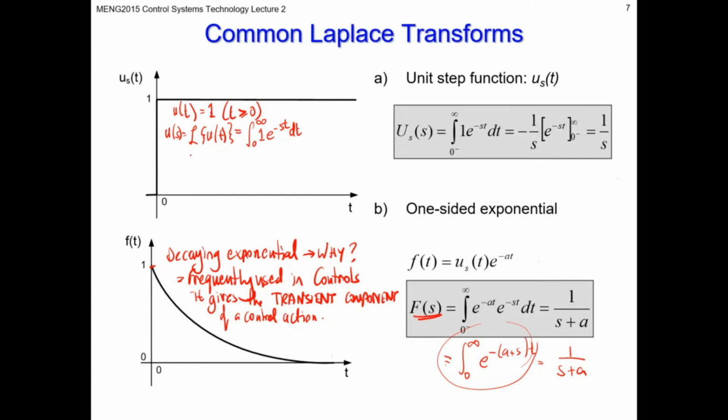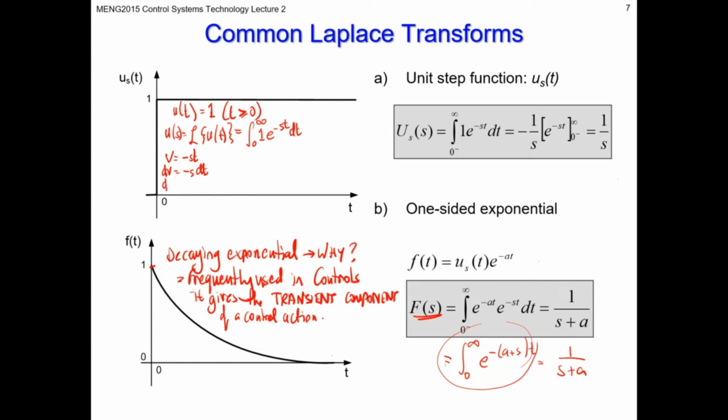Right, so now we're going to make a substitution and say u equals minus st. Actually, I shouldn't use u, let me use v, because we already have the function called u, so that's going to confuse things. So if we differentiate v, we have minus s dt.